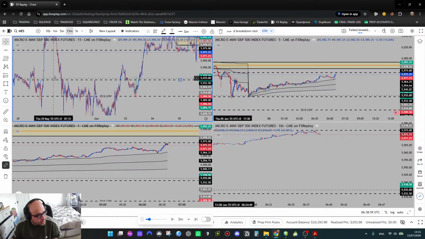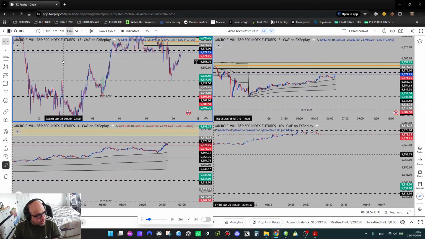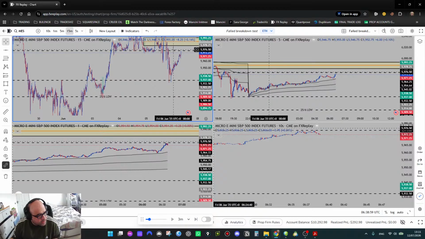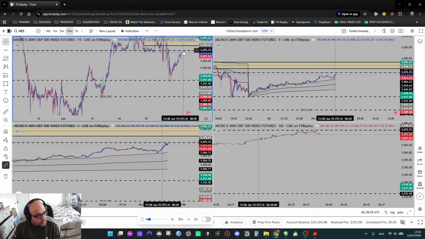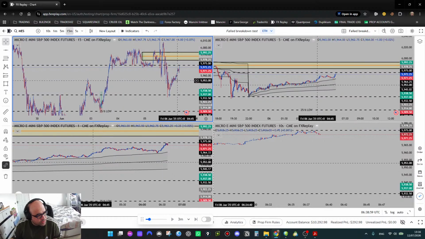You can see here. Actually that level did the failed breakdown here and it's gonna backtest now the lows of this range. So if it reclaims the lows, we're good to go.